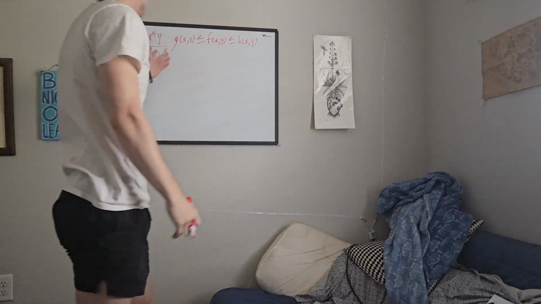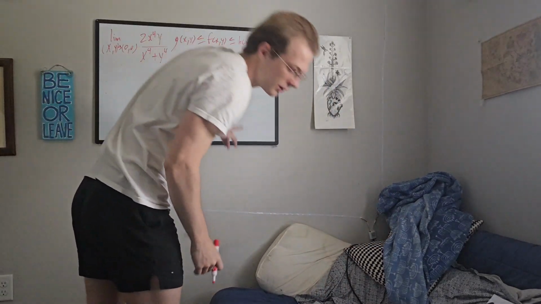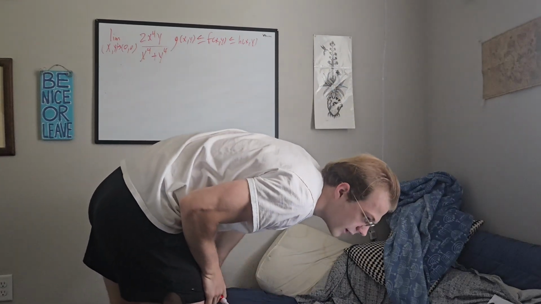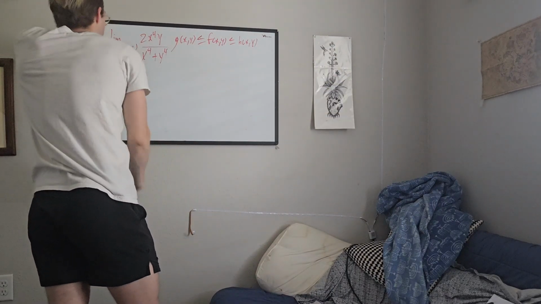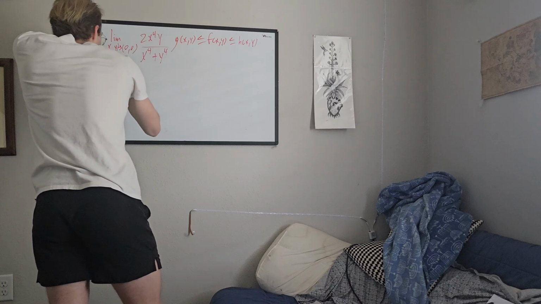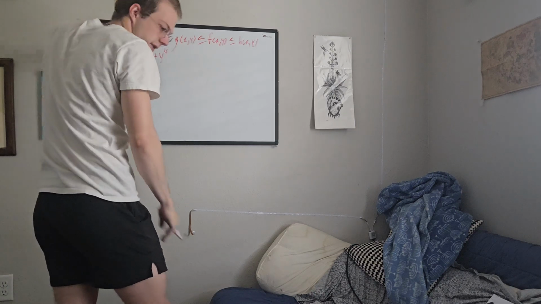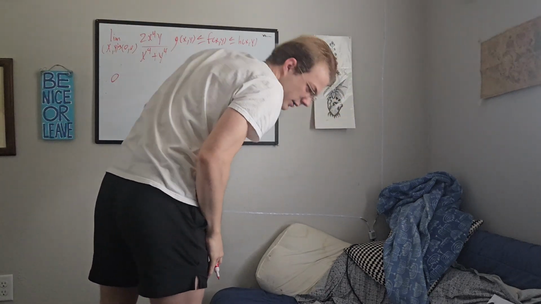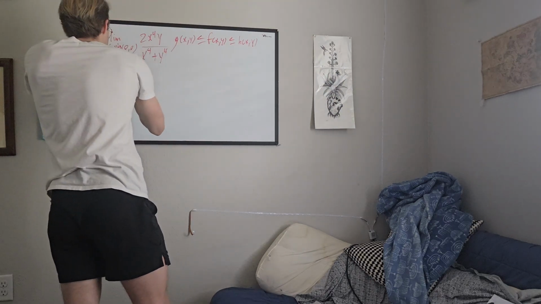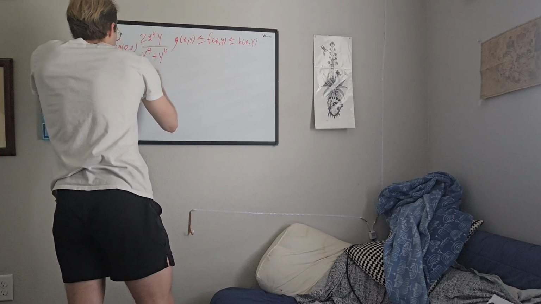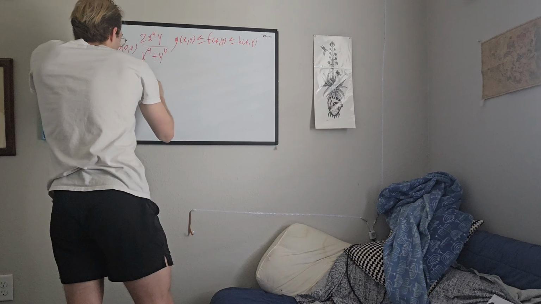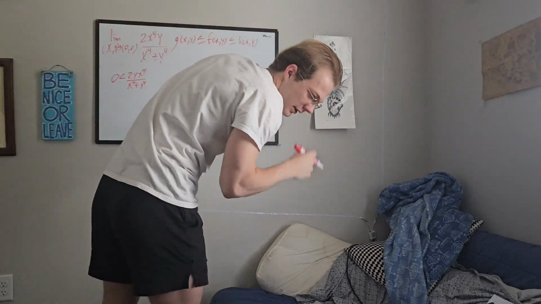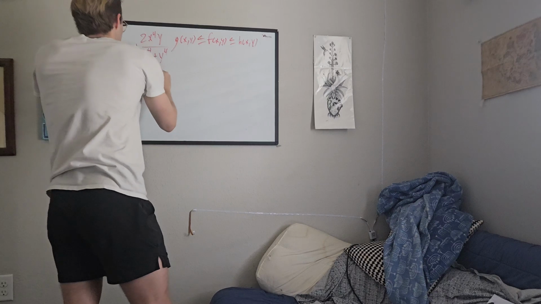So we have 2y x to the fourth over x to the fourth plus y to the fourth. Pretty much, 0 is less than 2y x to the 4th over x to the 4th plus y to the 4th, and this is less than 2y.